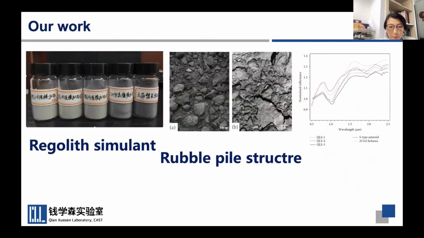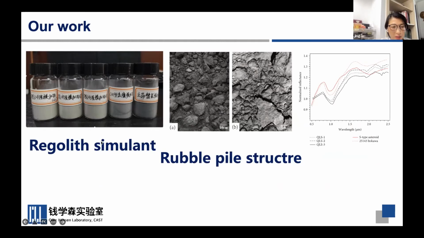So our work is enlightened by this previous research. Because I work with a bunch of engineers and technicians, they are concerned with the surface properties of asteroids. So my work is focused on developing regolith simulant.